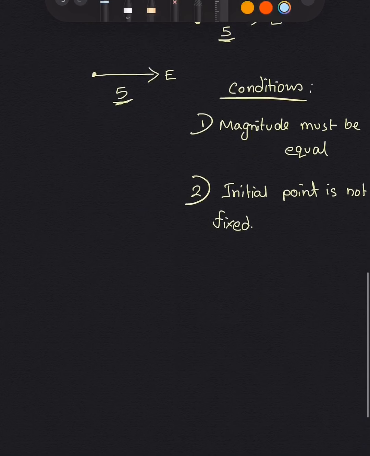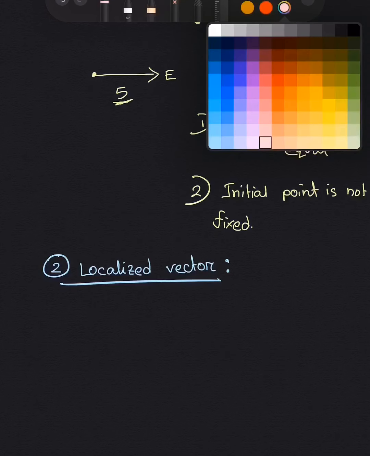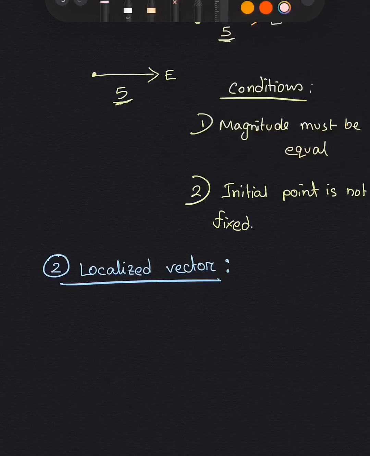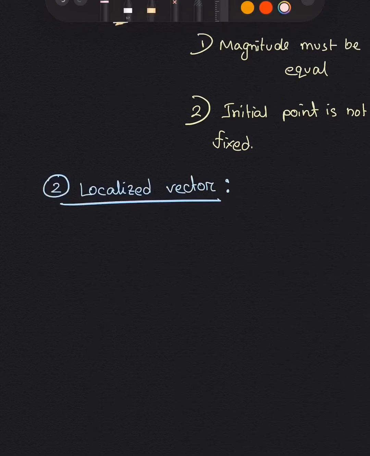Now we come to our second type of vector, which is localized vector. The localized vector is exactly the opposite of the free vector. For example, you need to travel to Chittagong. To travel to Chittagong, you have to get on a train from Kamalapur railway station. So Kamalapur railway station is the initial point of your vector.